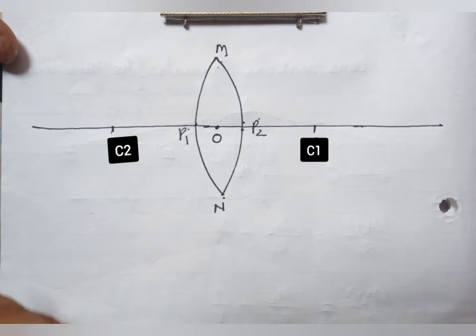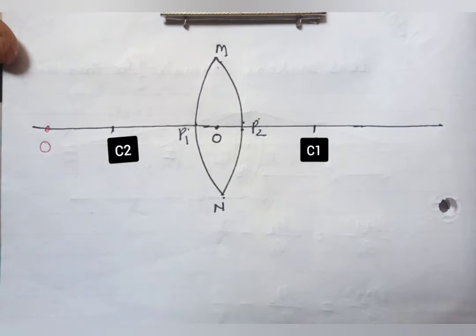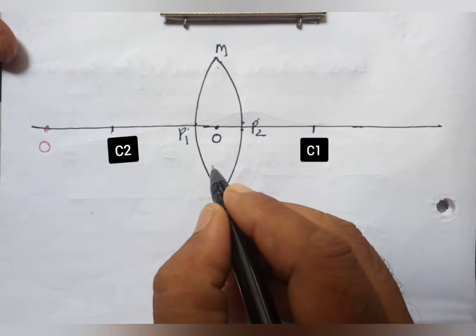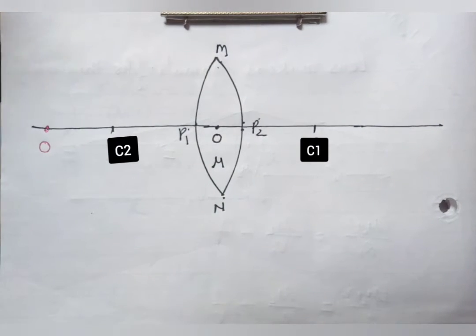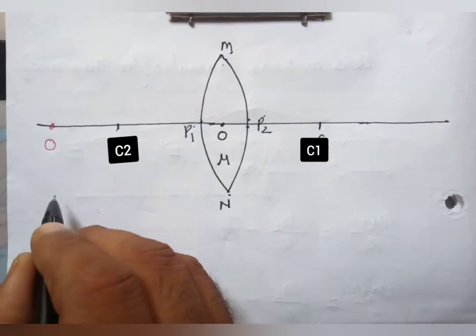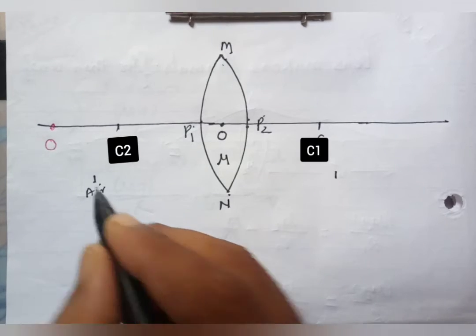Now an object O is kept here. Consider the refractive index of the lens to be mu, and for air we can write 1 on both sides.